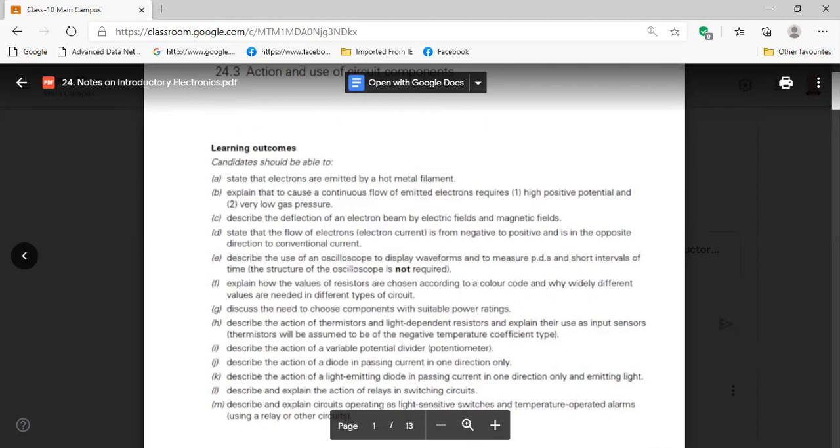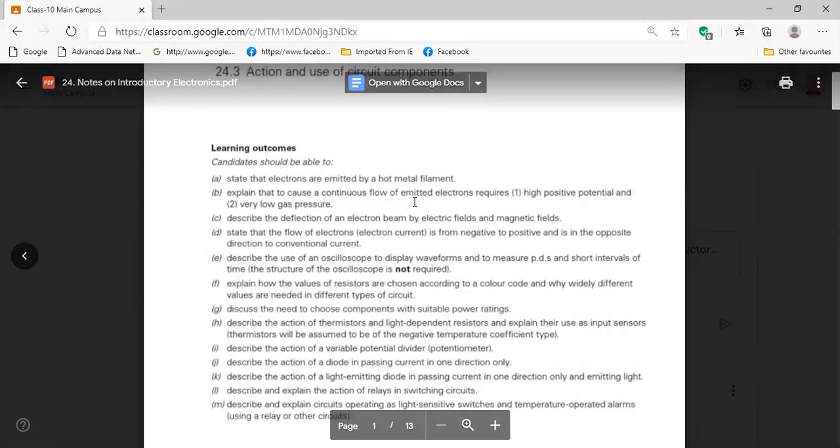What is the name of the chapter? Introductory Electronics. Yeah, topic 24. You write topic 24.